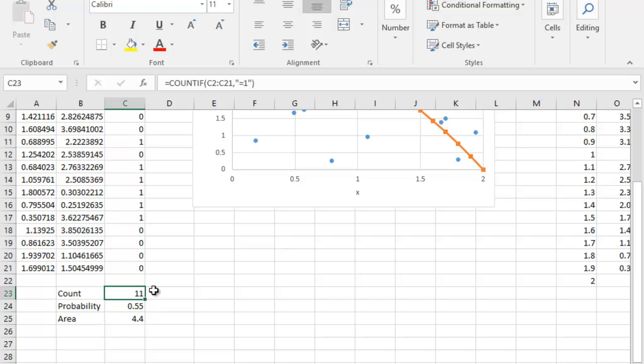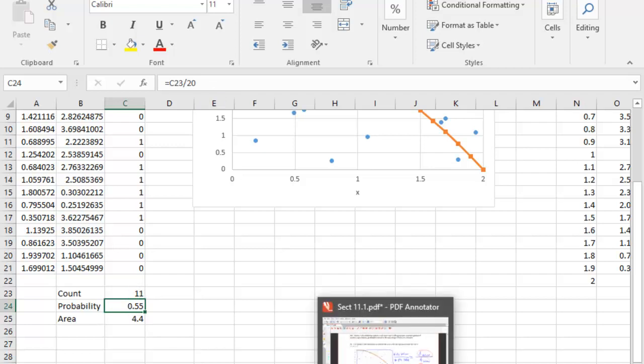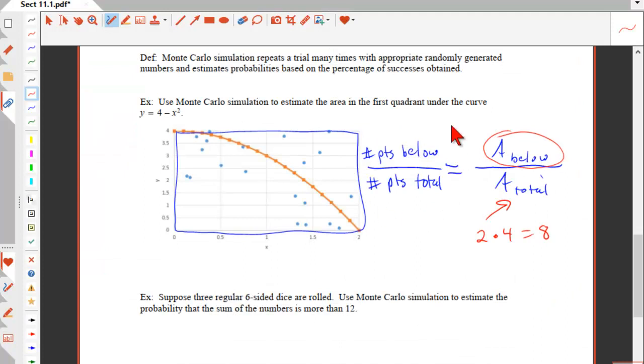Excel did it. It got 11 in my implementation. If you're building this yourself, you probably got a different number because the numbers are randomly generated. Then the probability is the count that were equal to 1 divided by 20, which is the total number of darts that I threw. Okay, so that's implementing this.